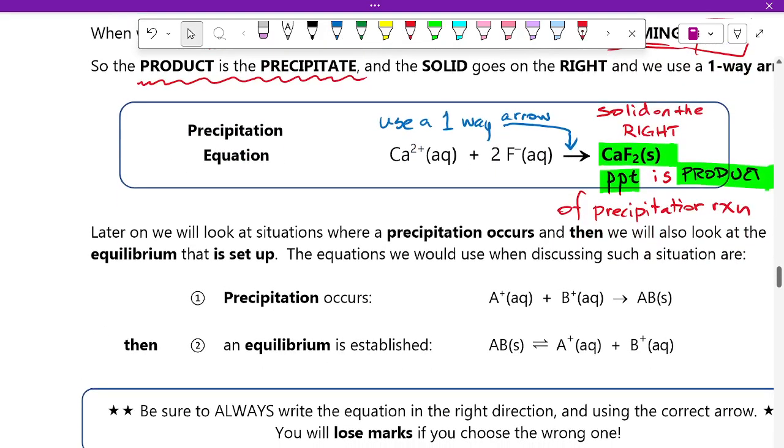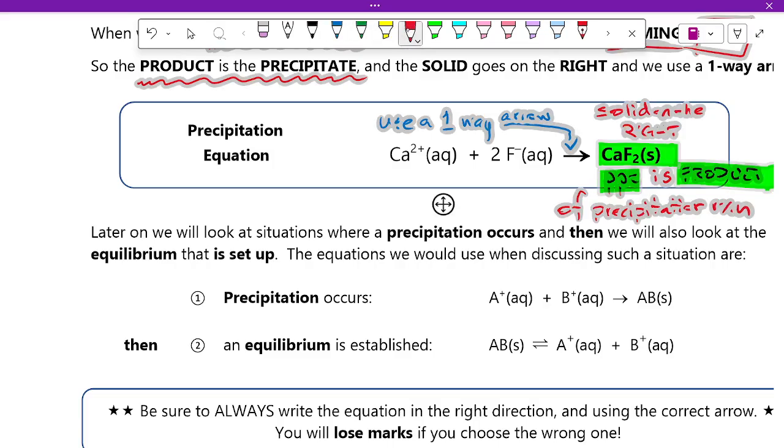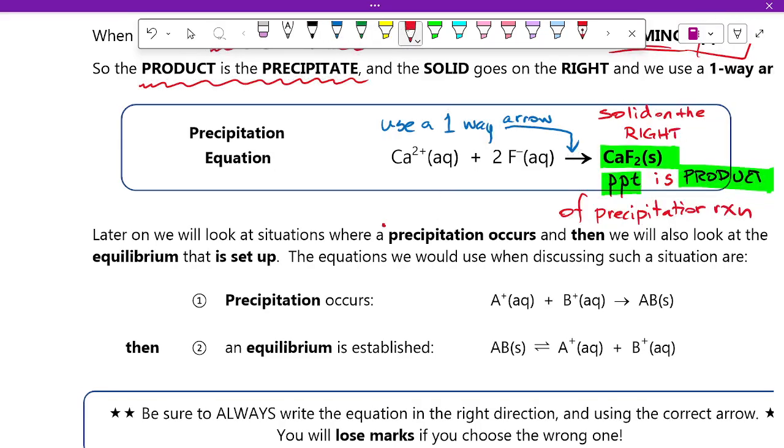So here we're going to look at situations where precipitation occurs. Later on, we'll look at a situation where precipitation occurs, step 1.